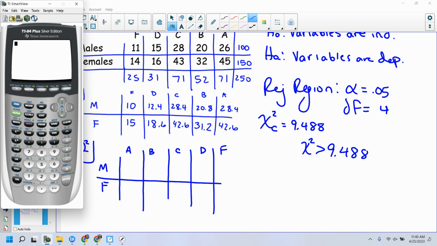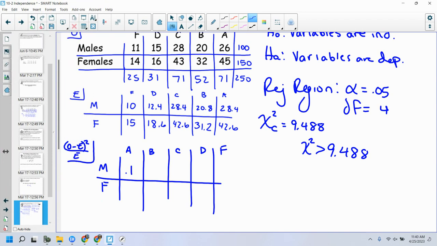Follow along. O, 11, minus 10, squared, that's 1, over E, 10. 0.1.